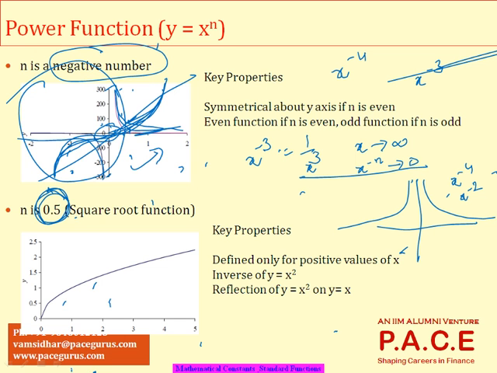So x is only from 0 onwards. We don't find anything for the negative values of x, only for the positive values. And as x is increasing, the square root of x is also keeping on increasing. So this is also a kind of increasing function.